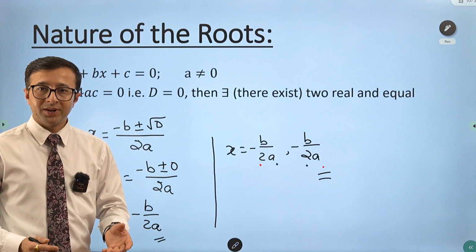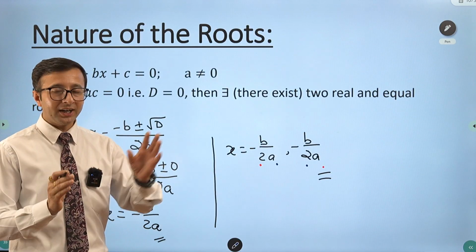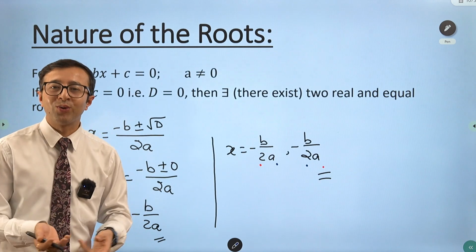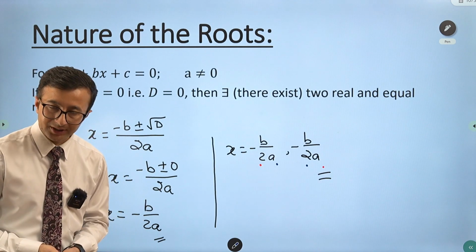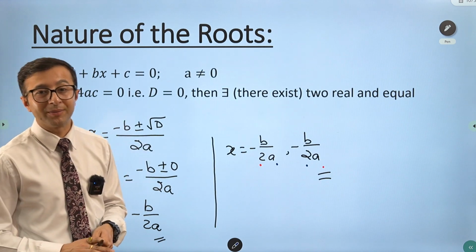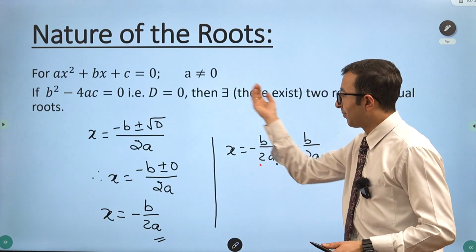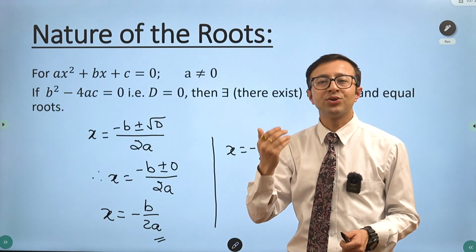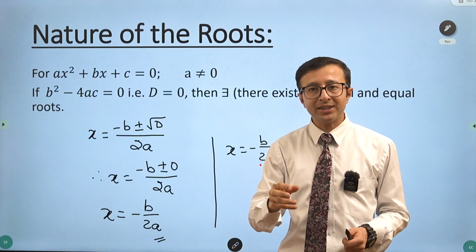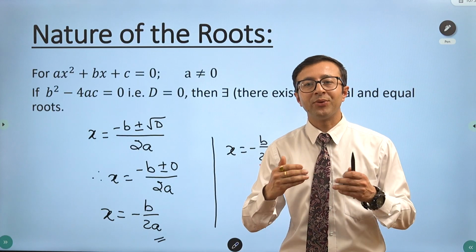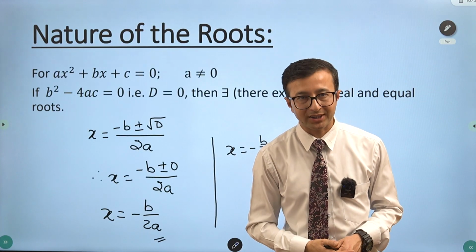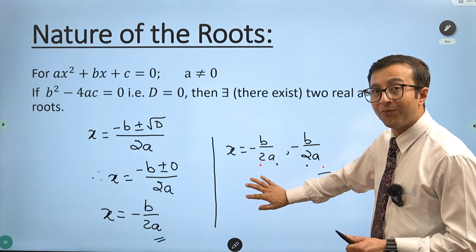What if in an equation there exist 2 real and equal roots? Then the value of the discriminant will be 0. Remember, if the discriminant is 0, this implies there exist 2 real and equal roots. If there exist 2 real and equal roots, then we can say that the value of the discriminant is 0. Don't forget this.